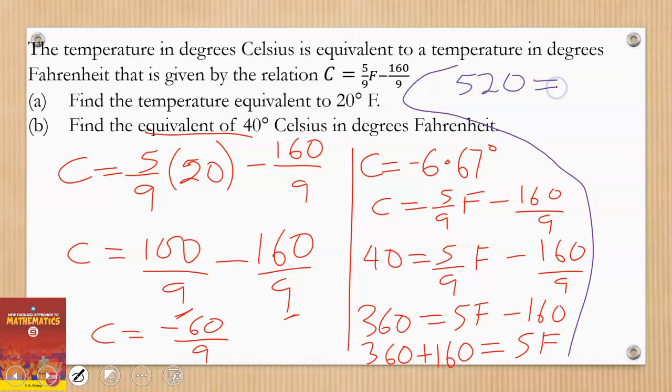That will be equal to 5F. Now dividing both sides by 5, my F will be equal to 104 degrees Fahrenheit. So that means 40 degrees Celsius is equivalent to 104 degrees Fahrenheit.